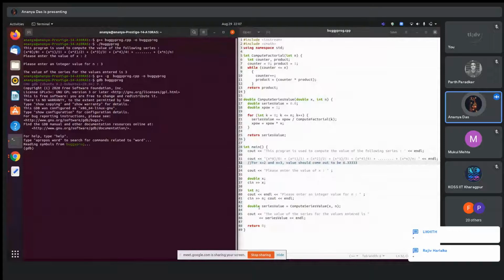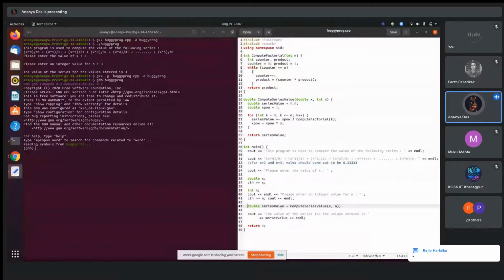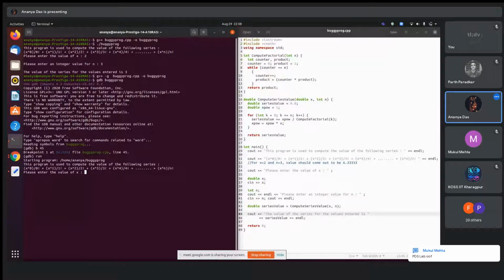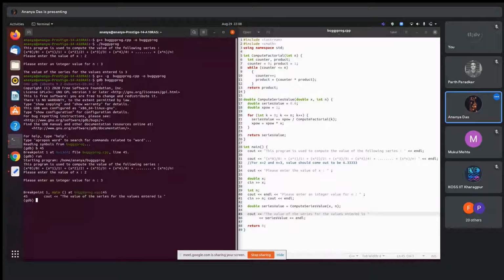As we can see, in line number 43, the series value is being computed. So I would just like to set a breakpoint here at line number 45, just before the cout statement is going to be executed. It's sort of like a clever hit and trial, I would say. So break 45, and then I would run, give the values.